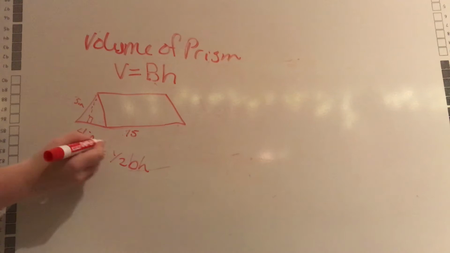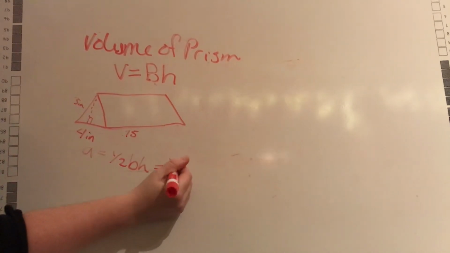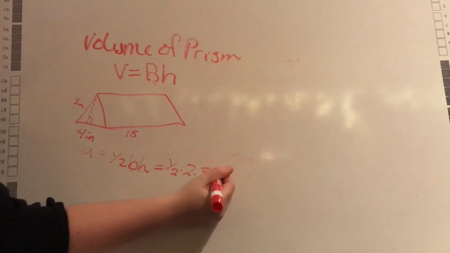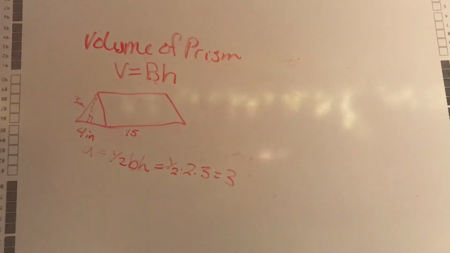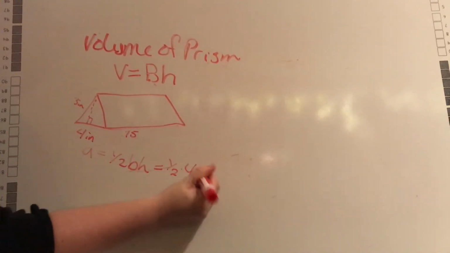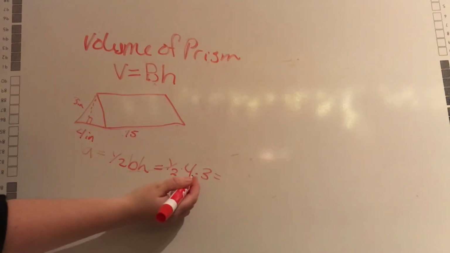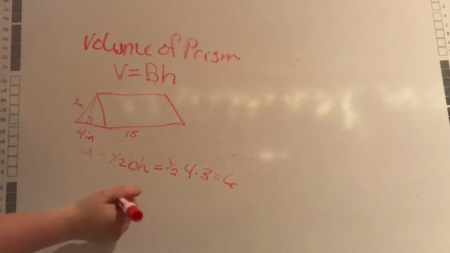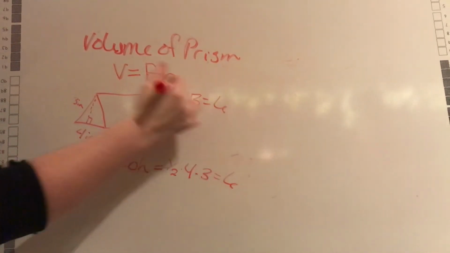So 1/2 of this is 2, and 2 times 3. So we're going to have 1/2 times 2 times 3 is going to equal 3, right? Oh wait, shoot, that's not right. 1/2 times 4 times 3. Well, 1/2 of 4 is 2. 2 times 3 is 6. So that's our big base equals 6.